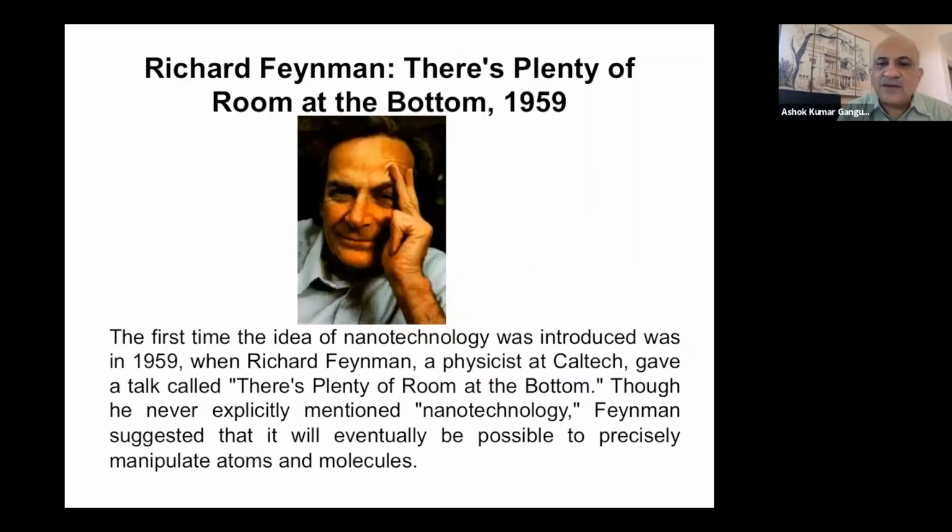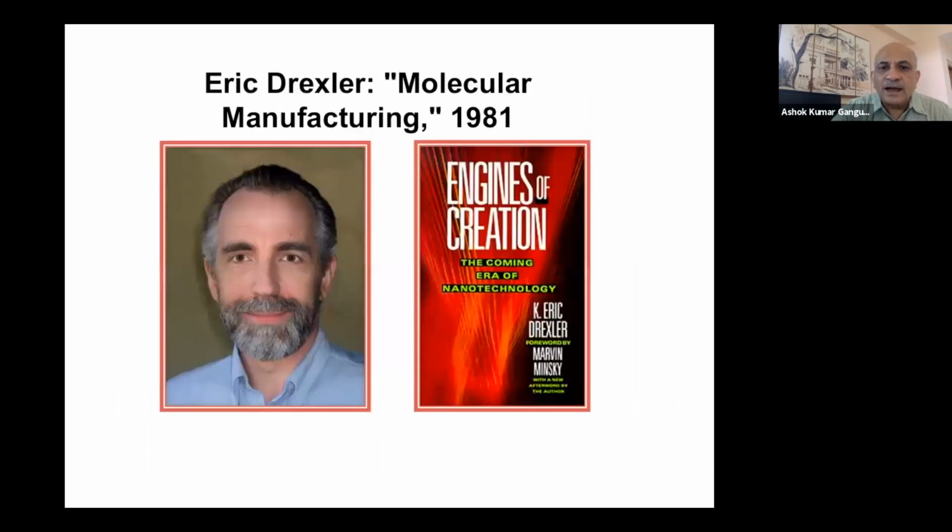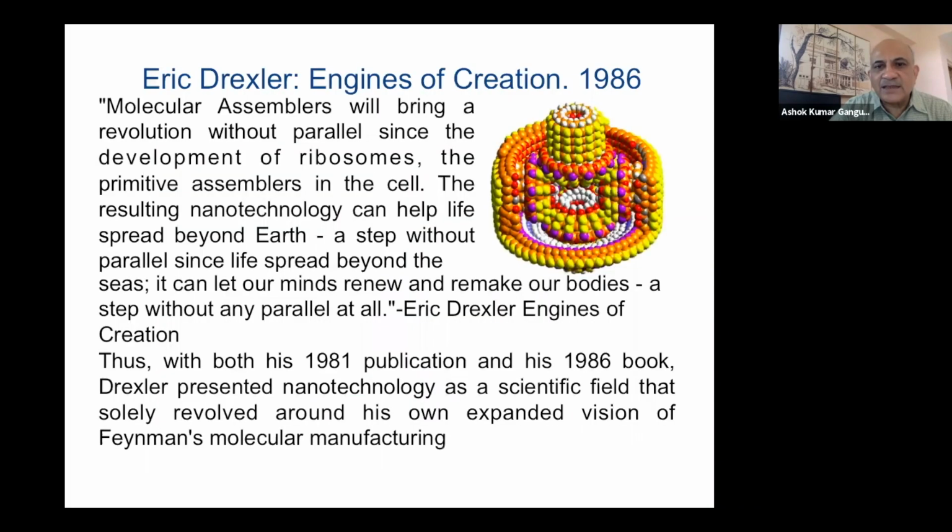So this is Richard Feynman, who said there is plenty of room at the bottom. 1959, a very smart, intelligent, and highly decorated scientist. This is Eric Drexler, who wrote about molecular manufacture, how to make molecules like machines, which will work in our body or in small machines. He wrote this book, Engines of Creation.